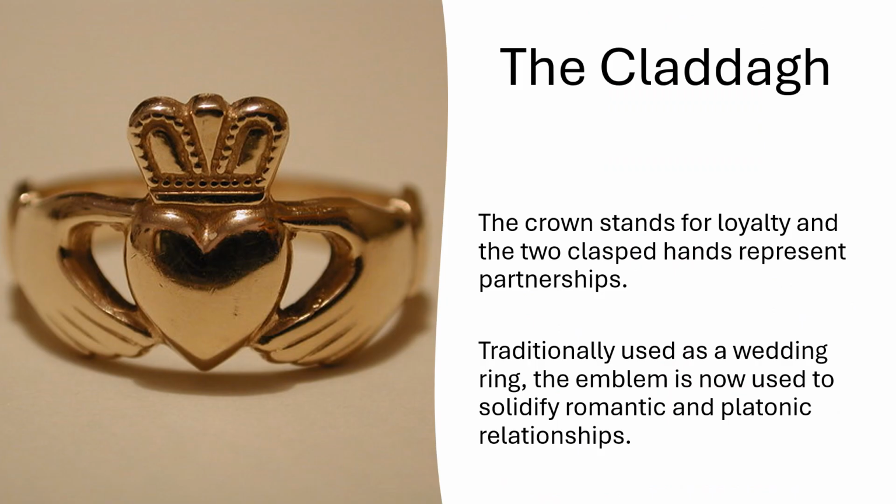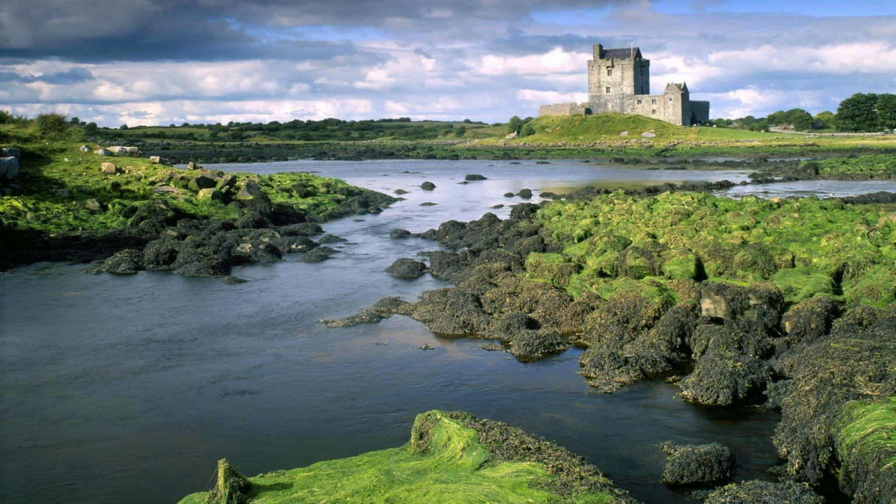The claddagh is a popular symbol typically sold in jewelry as the form of a ring or a pendant. The crown stands for loyalty, and the two clasped hands represent partnerships. Traditionally used as a wedding ring, the emblem is now used to solidify romantic and platonic relationships. The claddagh was named after where it originated, in Claddagh, a fishing village of the same name in County Galway, 17th century Ireland.